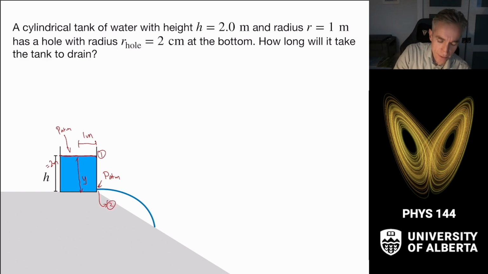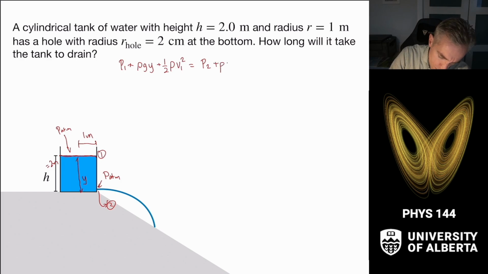We're going to call the top case 1, and the bottom case 2. Using the Bernoulli equation, we have the pressure at 1 plus rho g y, where y, the general height, starts at h and goes to 0, plus 1/2 rho v1 squared, equal to p2 plus rho g times 0, because it's at the bottom of the tank, plus 1/2 rho v2 squared.